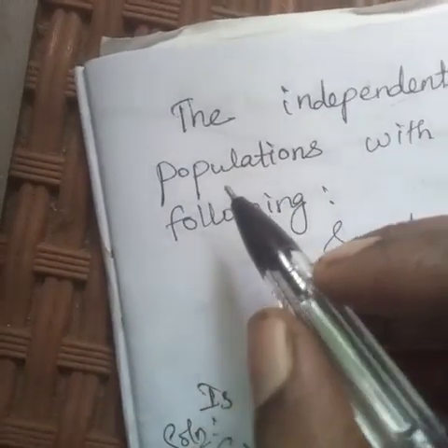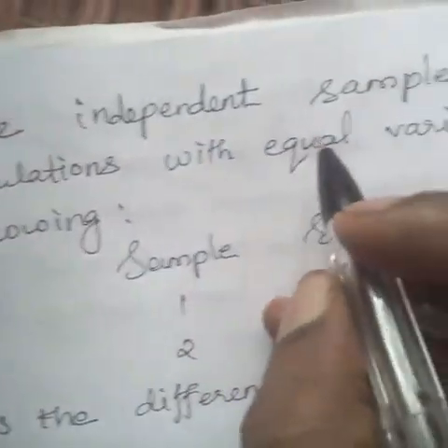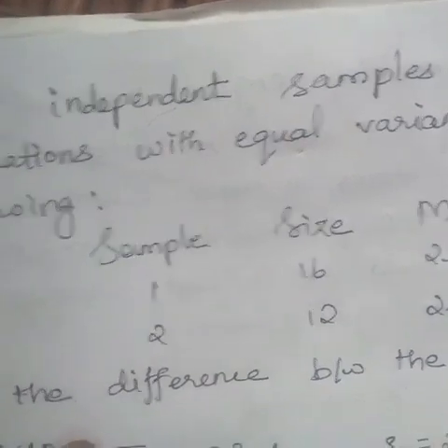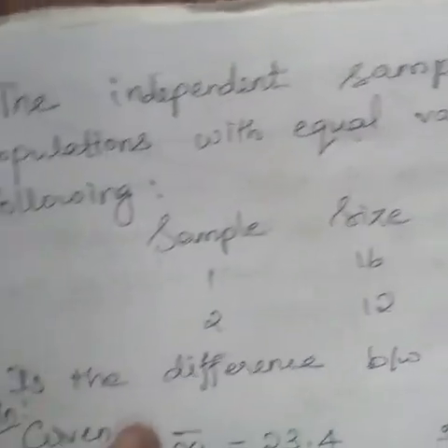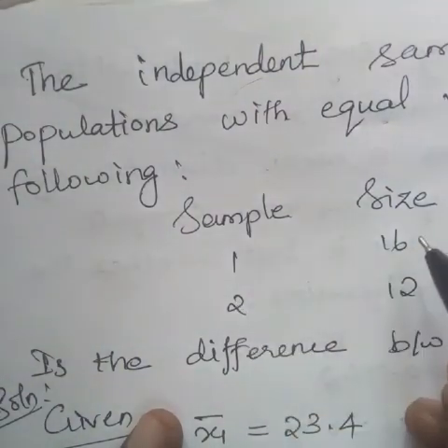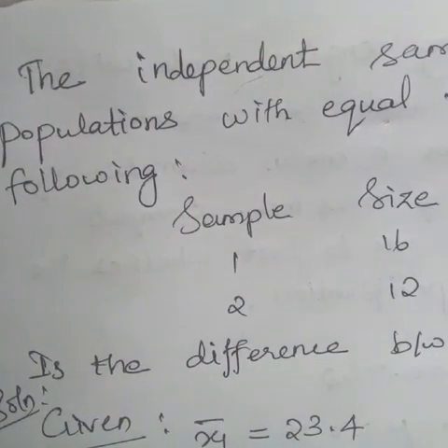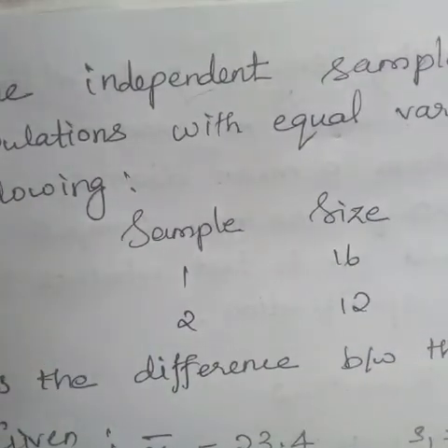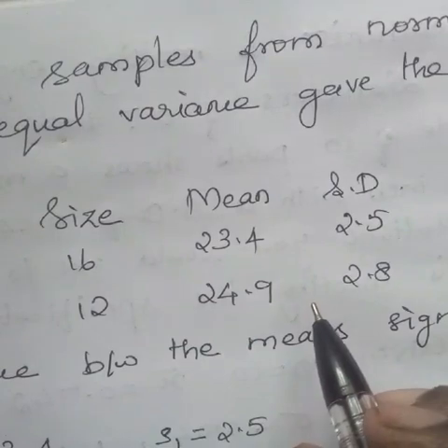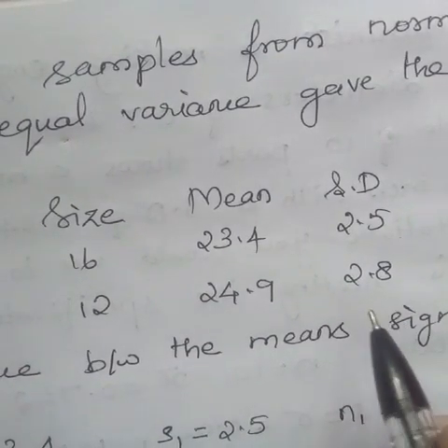Now the problem is: the independent samples from normal populations with equal variance gave the following data. Samples 1 and 2, sizes 16, 12, means 23.4 and 24.9, sample standard deviations 2.5 and 2.8.